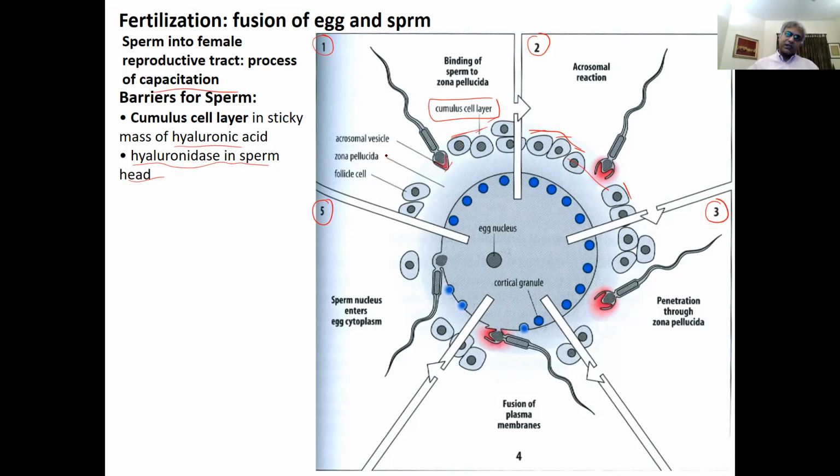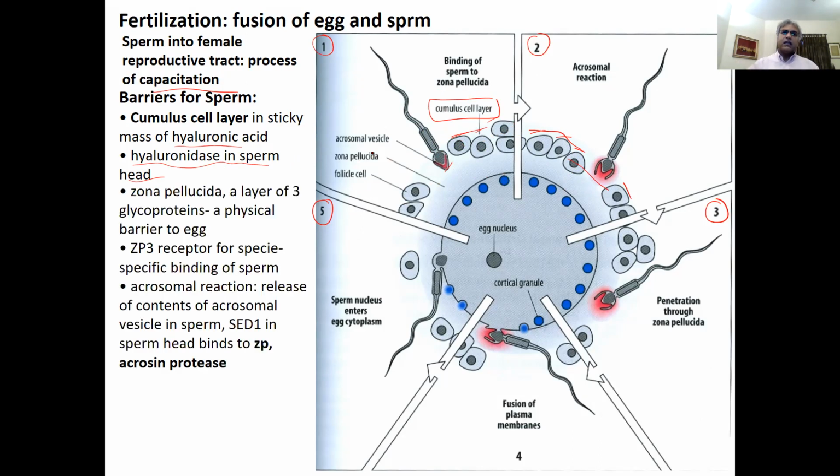Now, this is the first obstacle. Then the second obstacle is the zona pellucida. Zona pellucida is this region. You can see this is made up of 3 glycoproteins. So this layer of glycoproteins is also another physical barrier to the sperm entering into the oocyte.